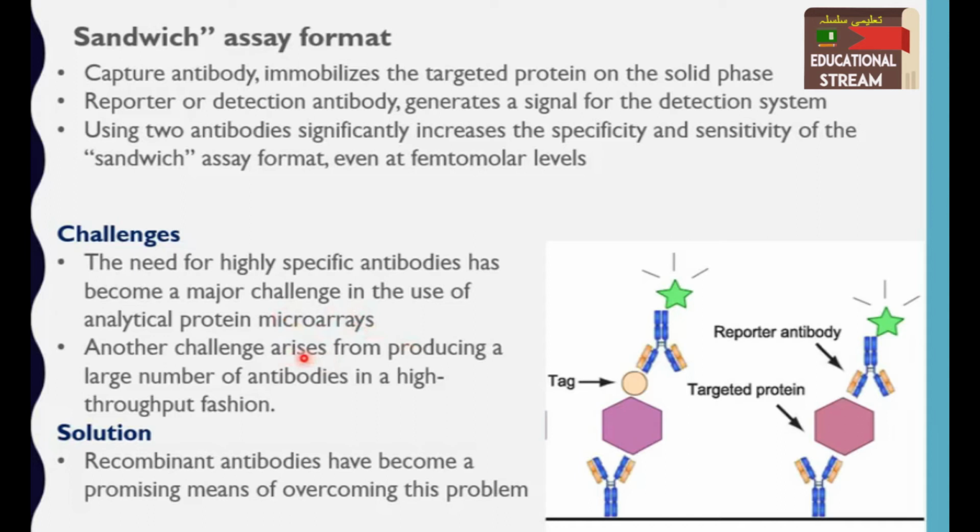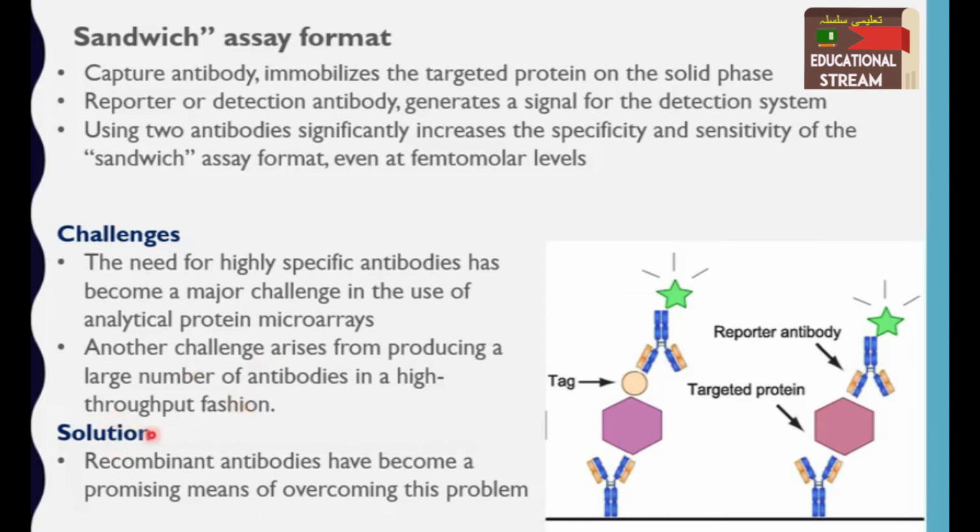Another challenge arises from producing a large number of antibodies in a high throughput fashion. Like we need to produce antibodies in large amount, and it would be better if it is possible to produce a large number of antibodies in a single way, like instead of first purifying and making one antibody and then the other, if we carry out the production of antibodies at a time.